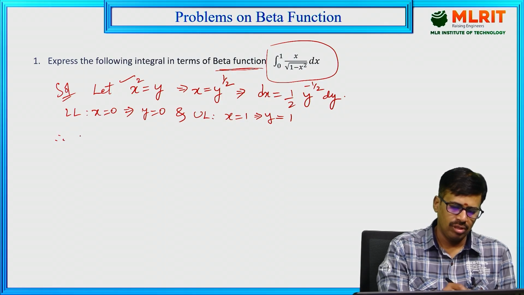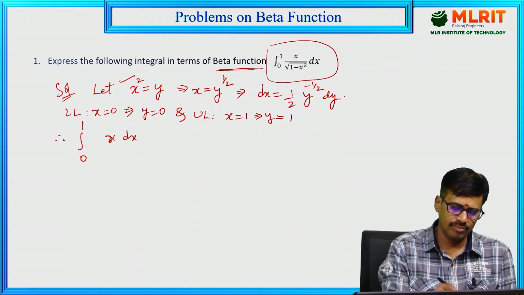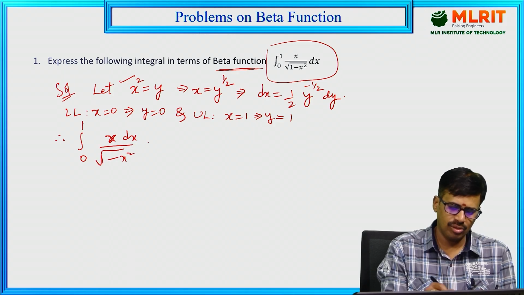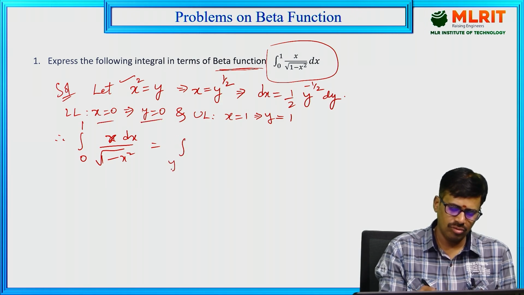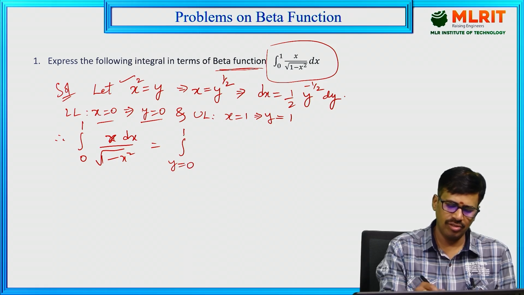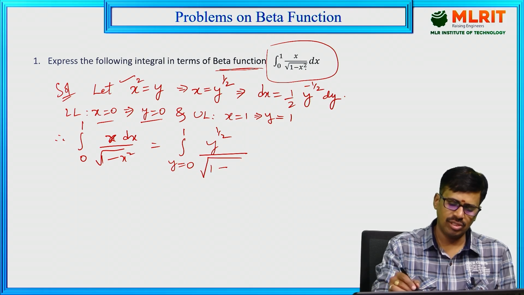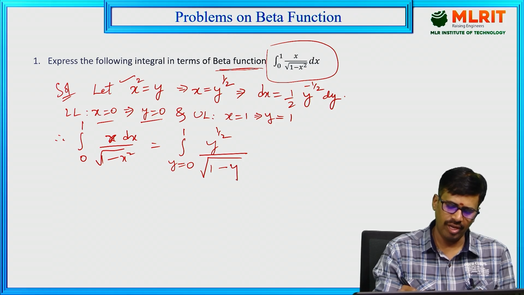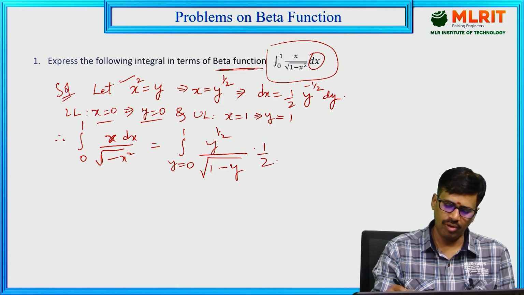Therefore, this integral 0 to 1 x dx by under root of 1 minus x square can be written as, when x equal to 0, y is 0, when x equal to 1, y is equal to 1. x dx, x means y power 1 by 2, into under root of 1 minus x square, x square means y, dx. This dx can be written as 1 by 2 y power minus 1 by 2 dy, right?